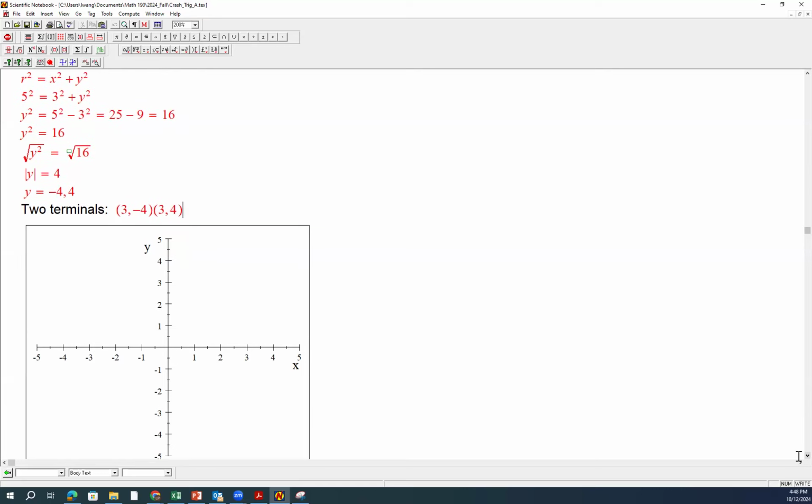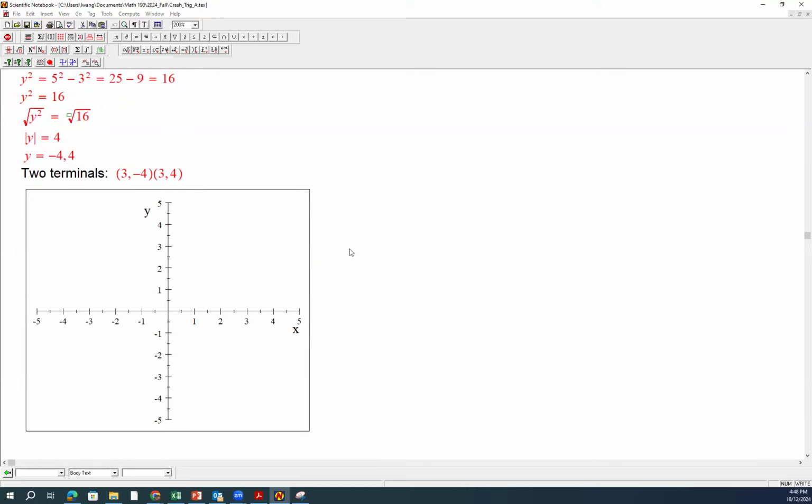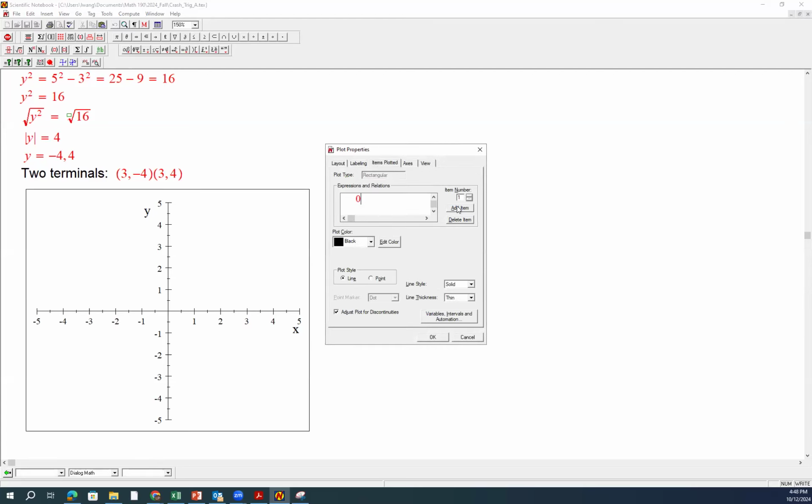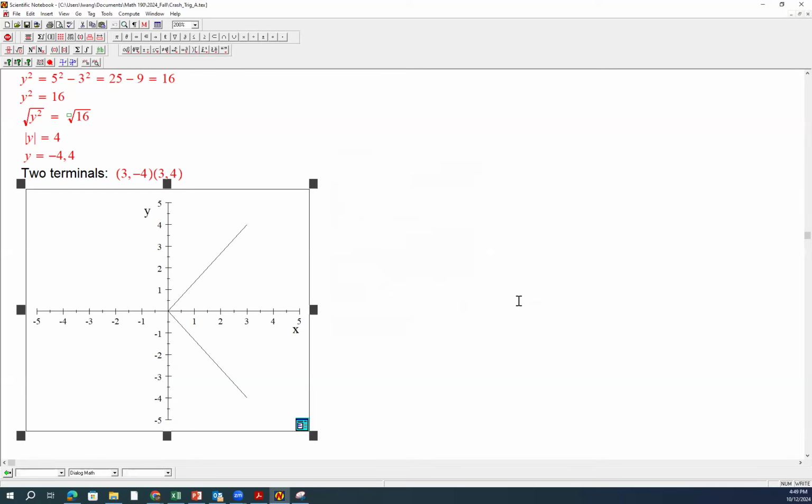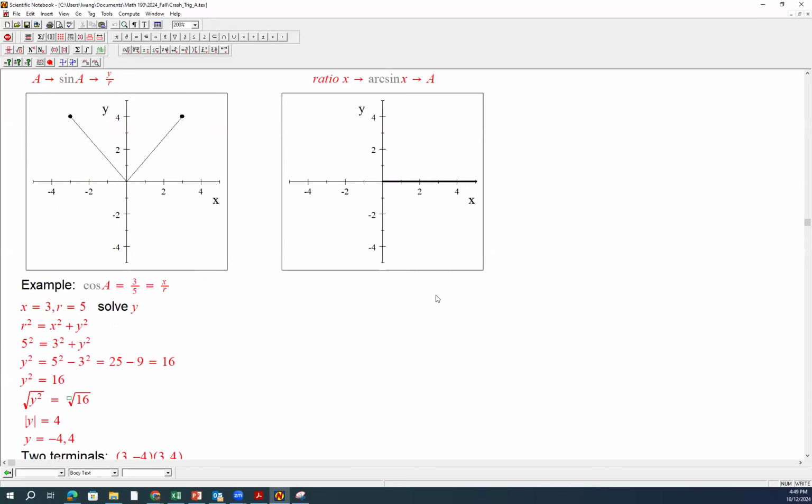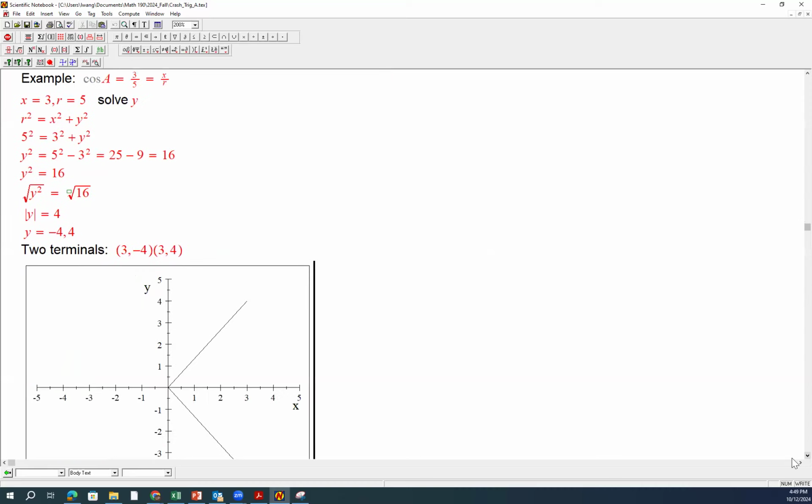Okay, so let's draw these two terminals. This is -4. What does that mean? To satisfy the requirement, we got 2 terminals.